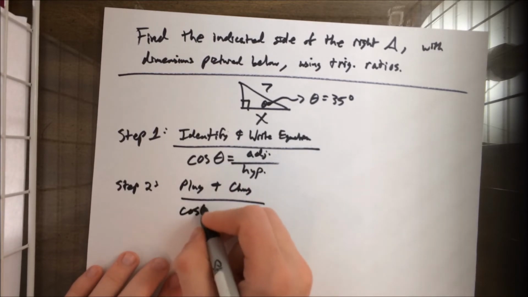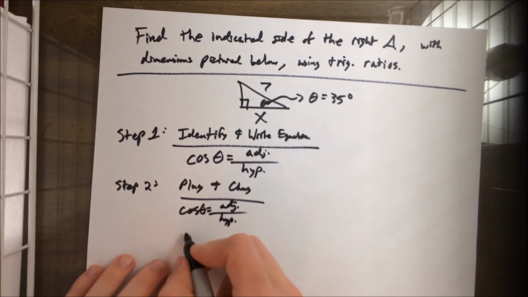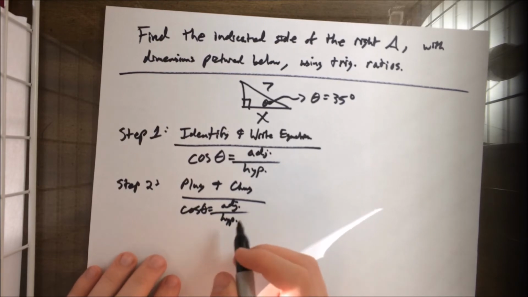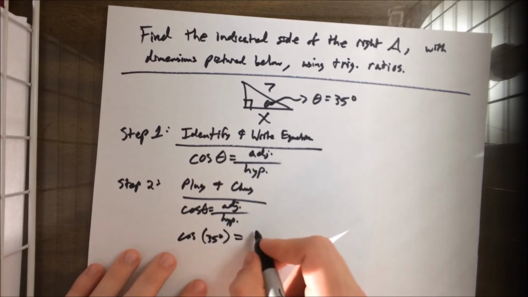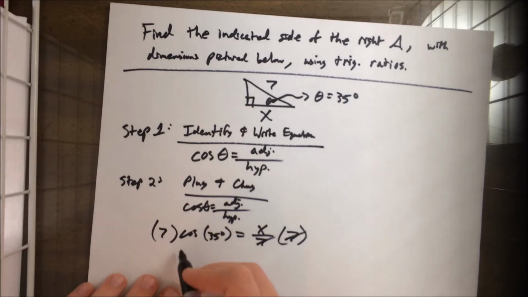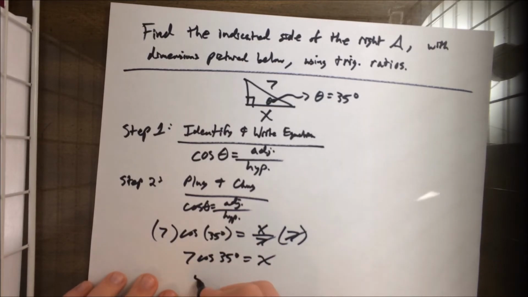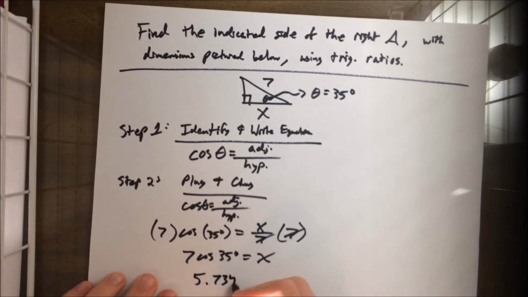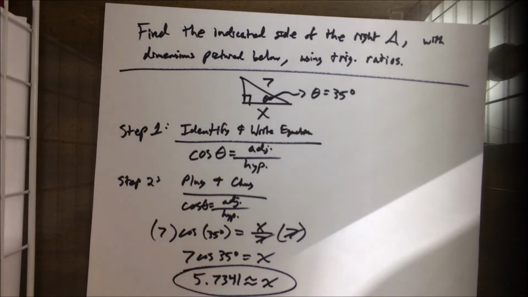So the cosine of 35 degrees is equal to x over 7. So let's multiply both sides by 7. And now we've isolated x. So 7 cosine of 35 degrees is equal to x, which gives us 5.7341 is about equal to x. And that's your final answer.